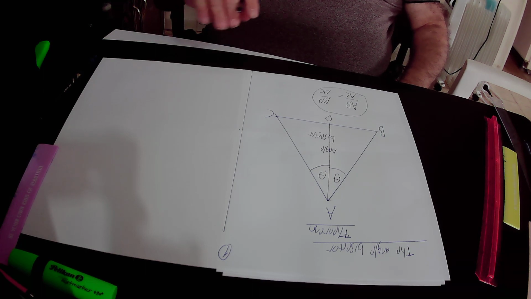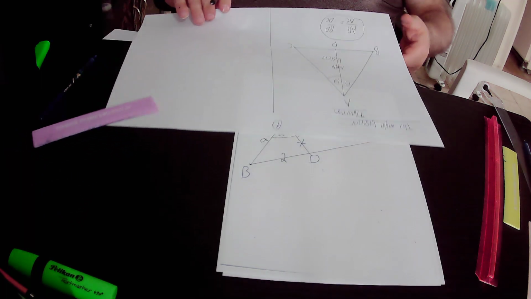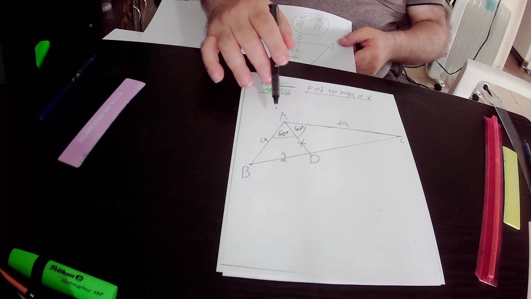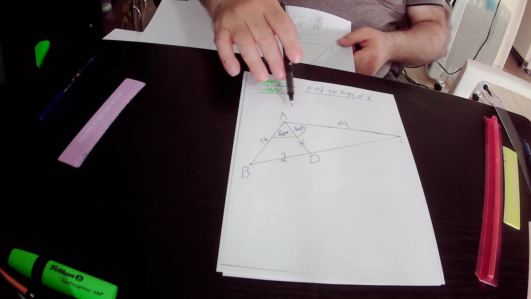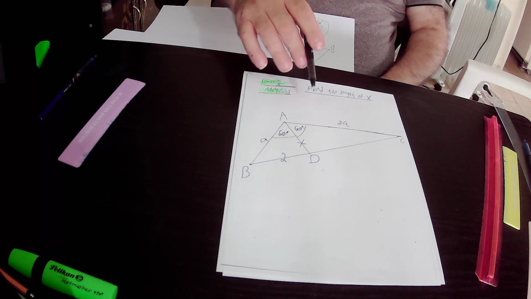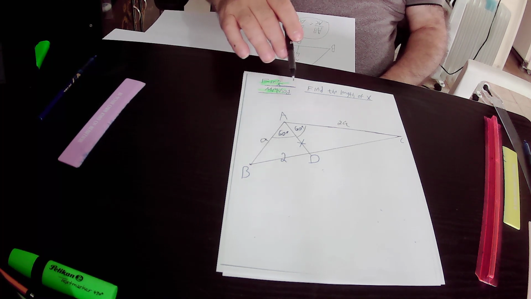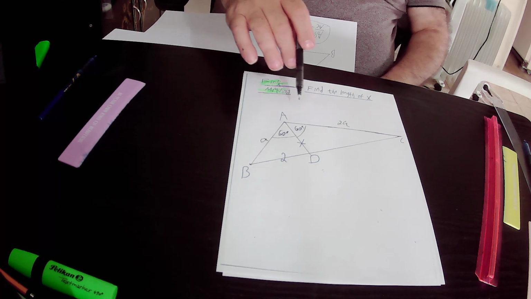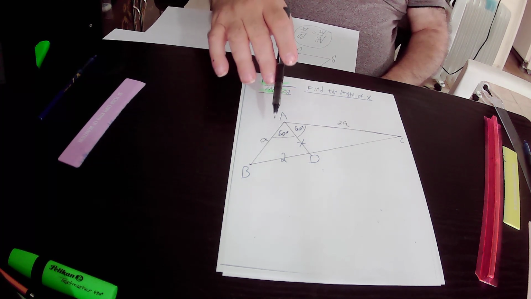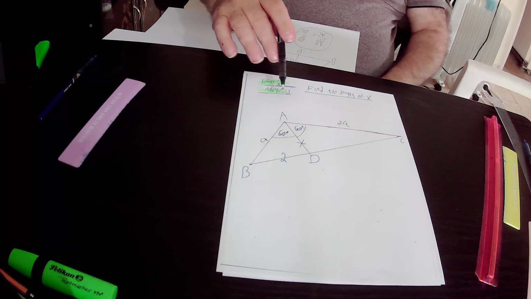So here, because in triangle ABC we have AD, that is an angle bisector, we can implement the angle bisector theorem in triangle ABC. Why is line segment AD an angle bisector? Because it divides angle BAC into two halves.